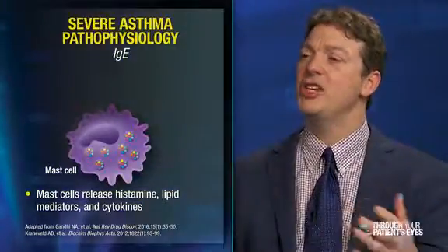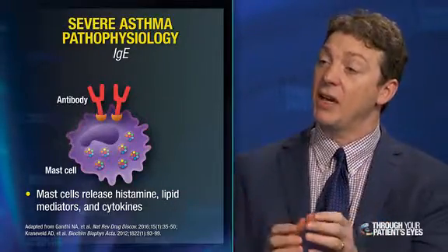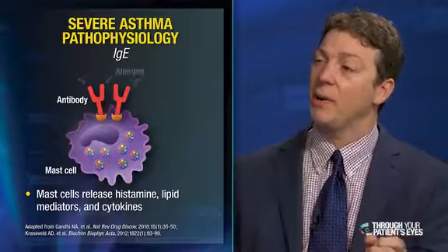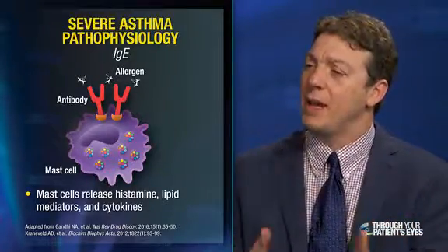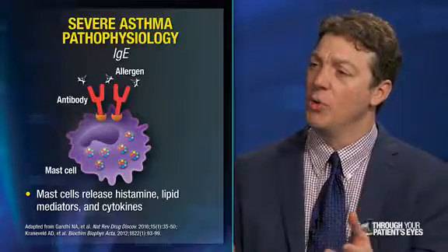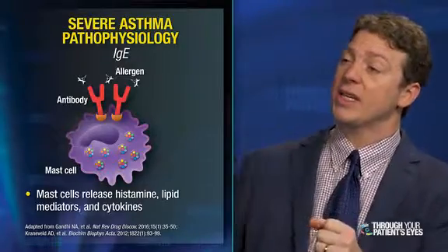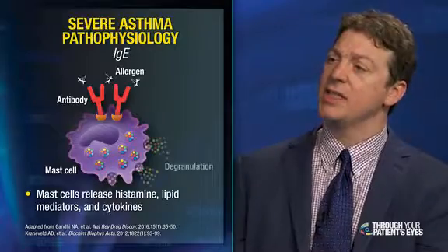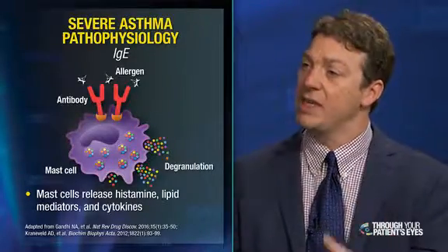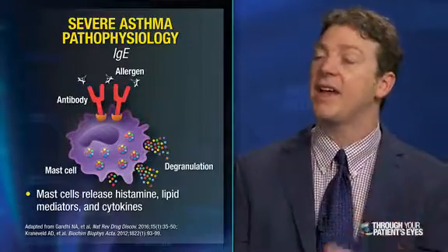So IgE is an antibody that binds to mast cells, and on the other end of the antibody, it binds to different allergens. And it's quite upstream in the pathophysiology of asthma. What happens is the IgE binds to allergens when it's bound to the mast cell, and when it cross-links with another IgE bound to the allergen on the mast cell, it causes the mast cell to degranulate and release its mediators, things like histamines and leukotrienes and platelet activating factor.